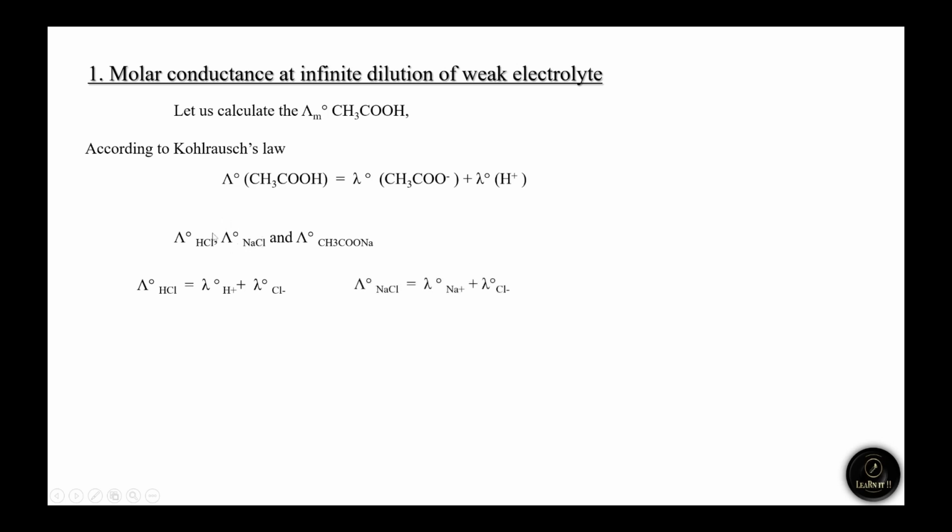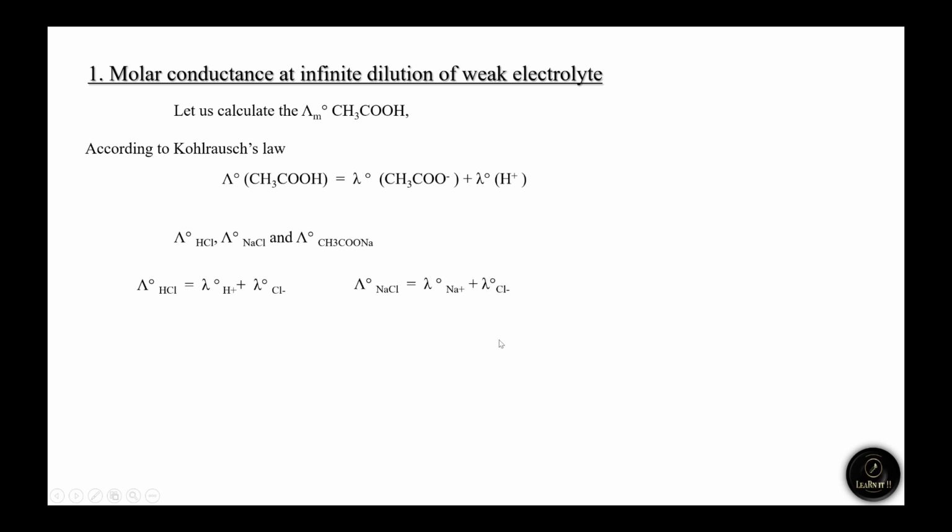The molar conductance at infinite dilution of NaCl is equal to the molar ionic conductance of the Na plus ion at infinite dilution plus the molar ionic conductance of the Cl minus ion at infinite dilution.